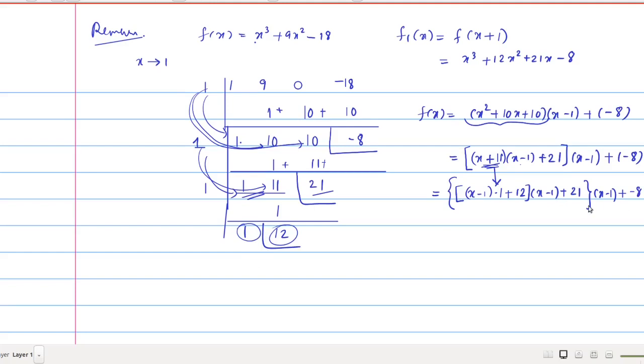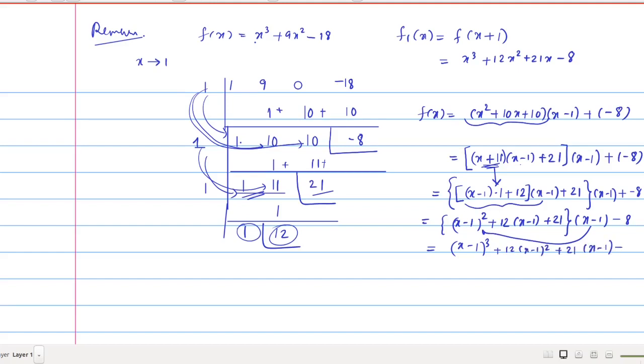So when you open these brackets, first of all we need to open this one, that will give x plus x minus 1 whole square plus 12 x minus 1, plus 21 into this x minus 1 minus 8. So this will give x minus 1 whole cube. When you open this bracket, then x minus 1 into this one, so x minus 1 whole cube plus 12 x minus 1 whole square plus 21 x minus 1 minus 8.